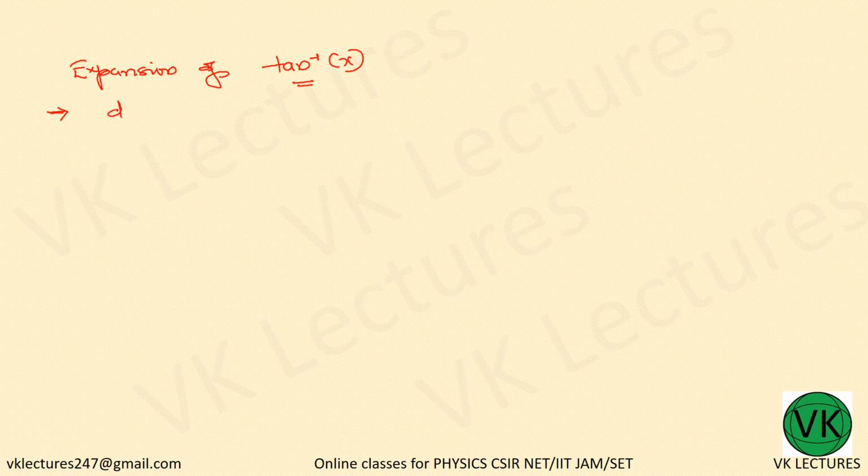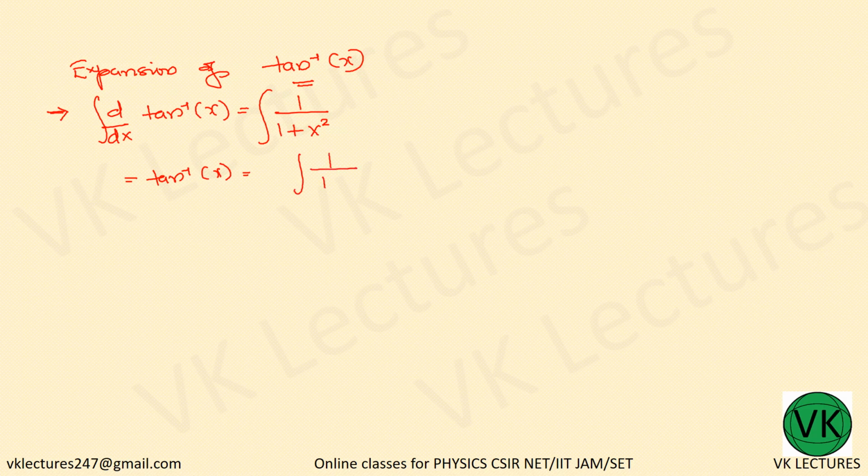The first derivative of tan inverse x, d by dx of tan inverse x, is equal to 1 divided by 1 plus x square. So this is what we know. Now just integrate on both sides with respect to x. What you get is tan inverse x equal to integral 1 divided by 1 plus x square dx.